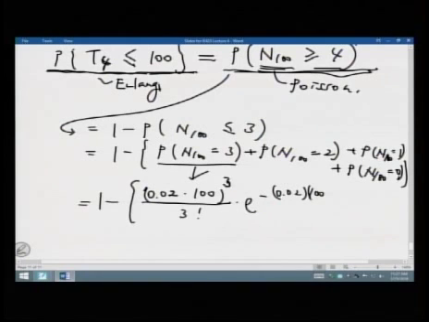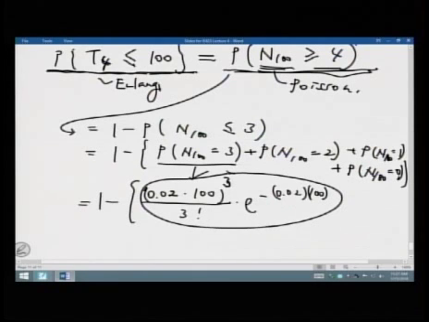Okay? So this is the first term. You've got to do the same thing for the other 3 probabilities. Okay? So that's going to be that.